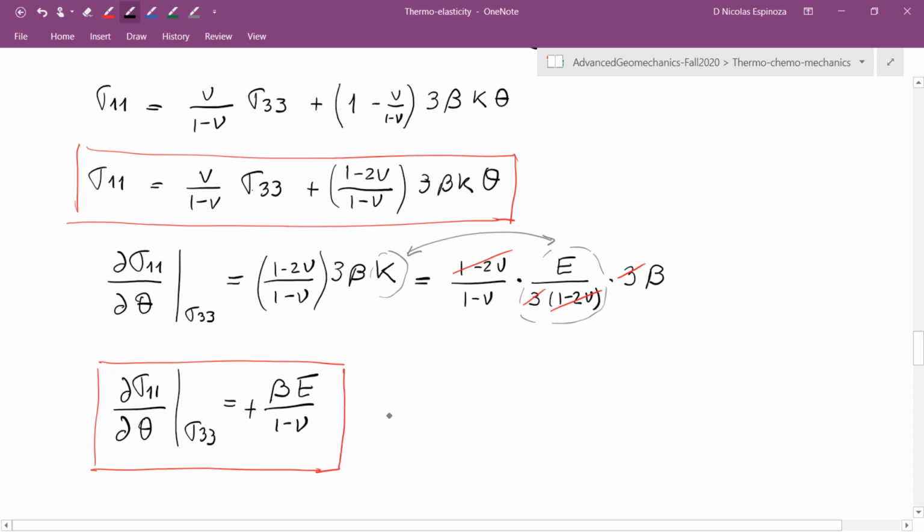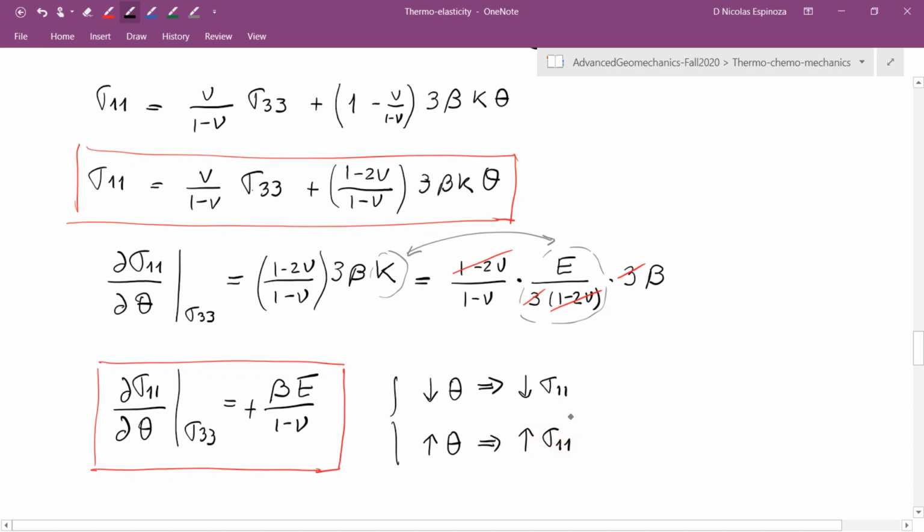For example, if I inject a cold fluid that decreases the temperature, then this is going to cause also a decrease in the horizontal stress. If I inject a fluid that causes an increase of temperature, then this is going to cause an increase in the horizontal stress.